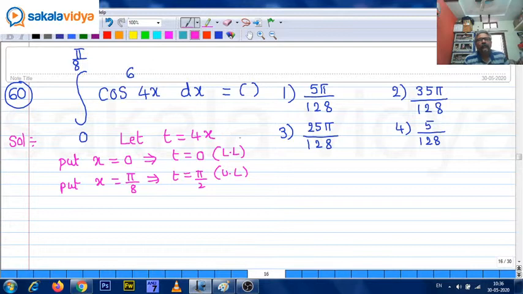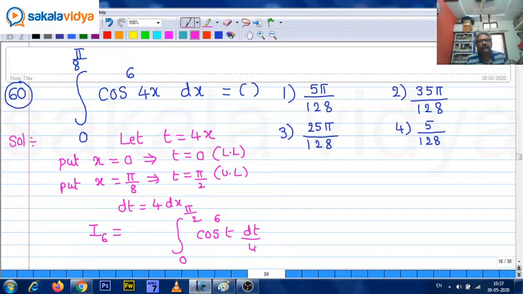Now dt equals 4 dx, or dt/dx is equal to 4, so dt is equal to 4 dx. So now this integral I, this is actually I6, the limit has been changed to pi/2, cos t power 6, dx equals dt/4.